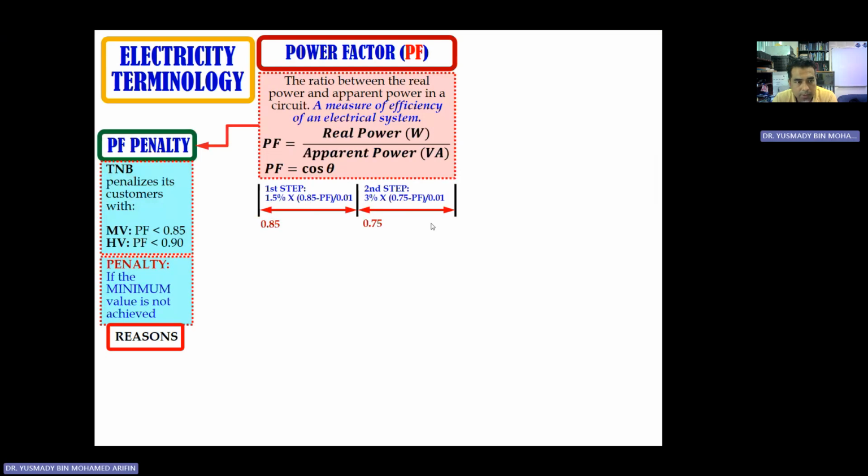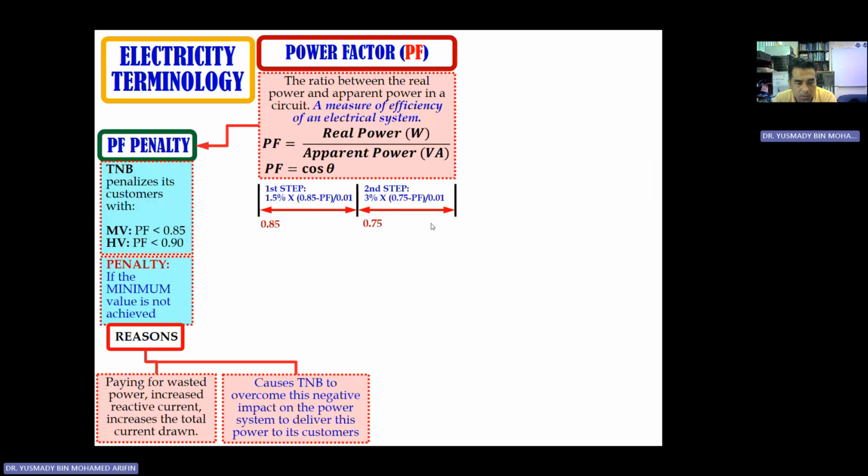So, the reason why we penalize the customer for the lower value of power factor. First, because we are paying for wasted power, increased reactive current, and an increase in the total current drawn. The second cause is because TNB needs to overcome this negative impact on the power system to deliver this power to its customers.